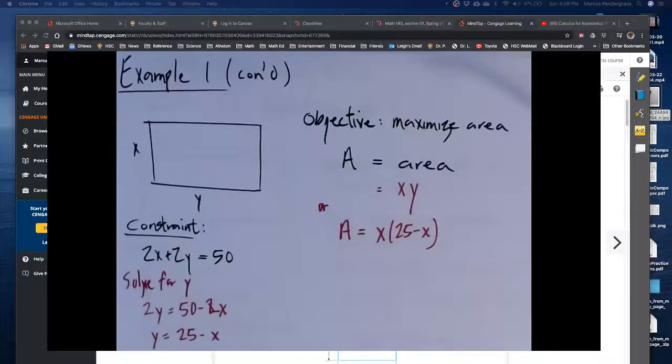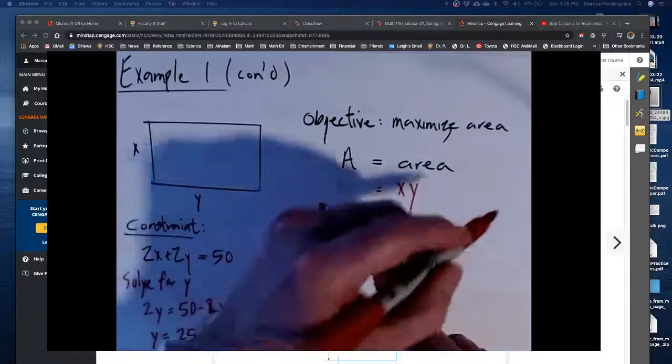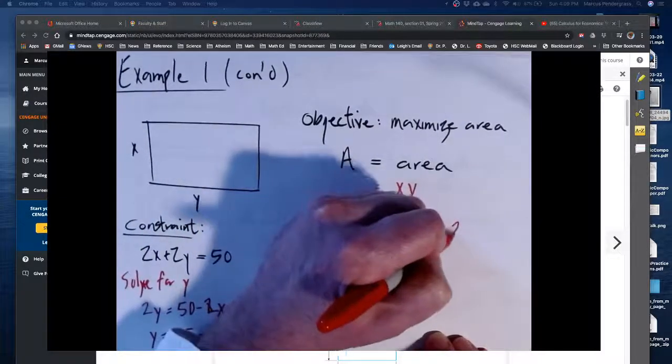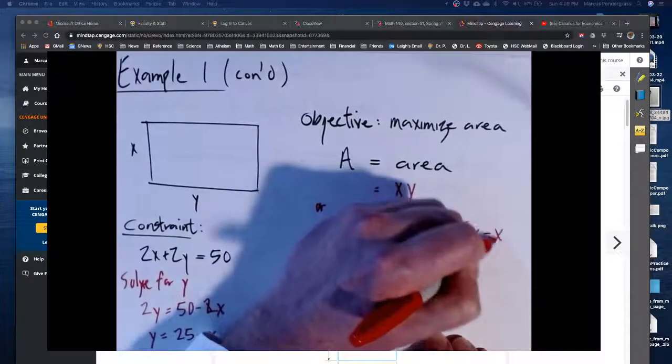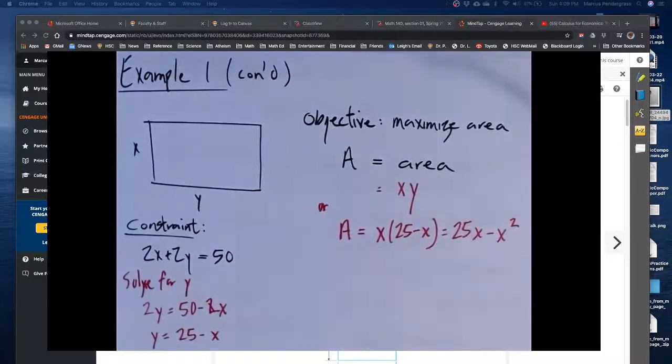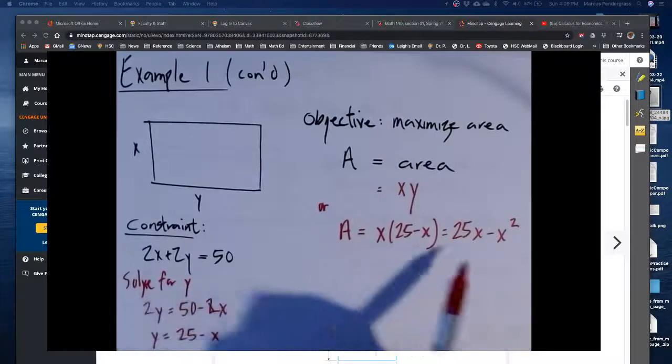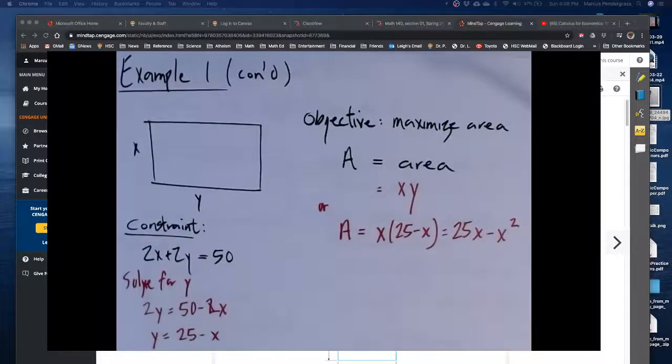So that is a good thing. One thing we might want to do here is go ahead and multiply this out, just because of what we're going to be doing later. That's 25x minus x squared. So now our problem is to maximize the function A, which is 25x minus x squared.